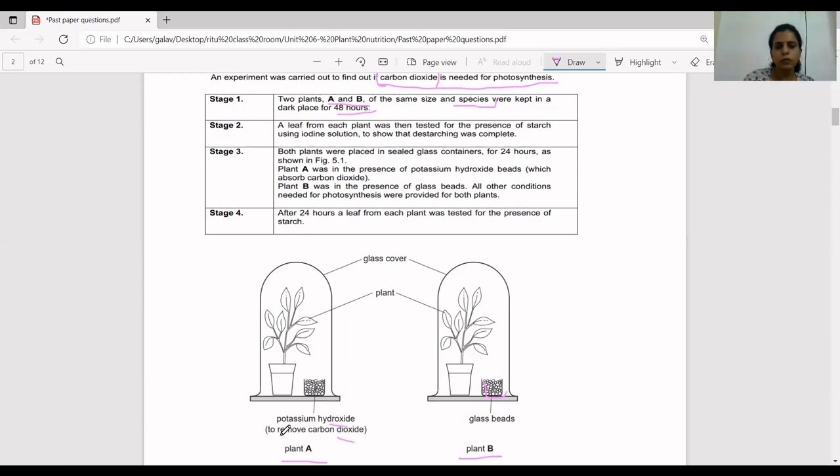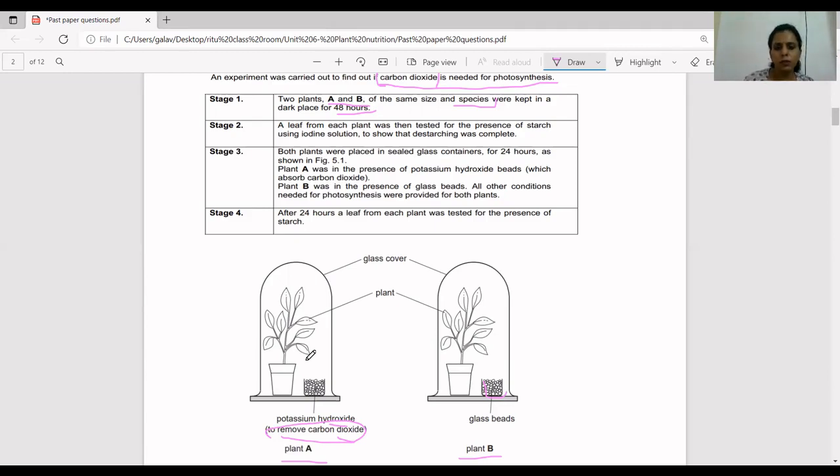This potassium hydroxide was placed in order to remove carbon dioxide from the air. Potassium hydroxide or sodium hydroxide has the property of absorbing any carbon dioxide present in its surrounding air. So if any carbon dioxide is present in the surrounding air, potassium hydroxide or sodium hydroxide can easily absorb it.